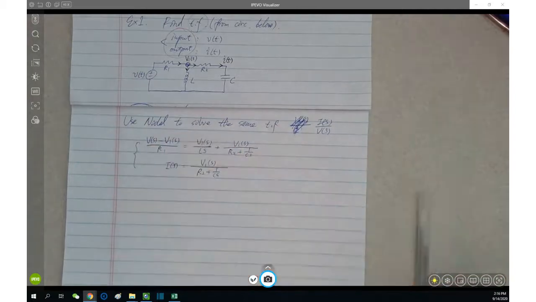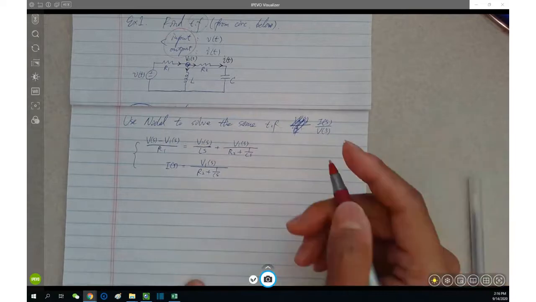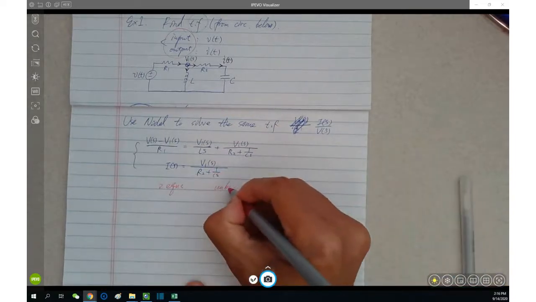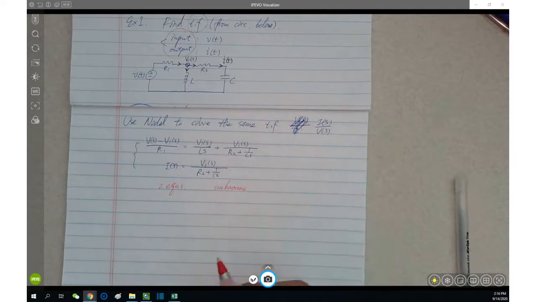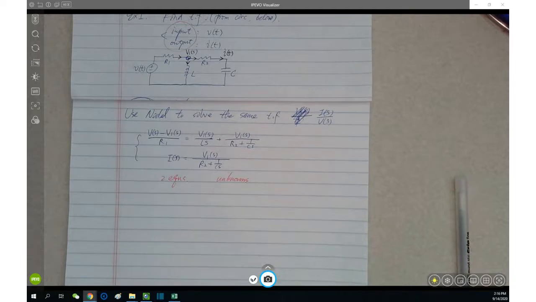Of course, you then need to count the two equations. How many unknowns? Three.